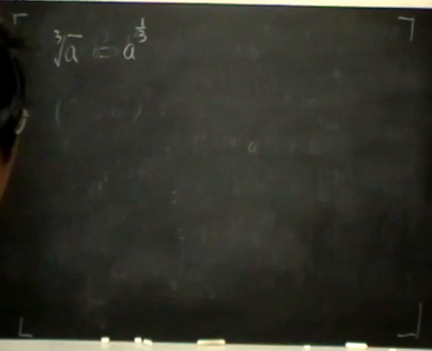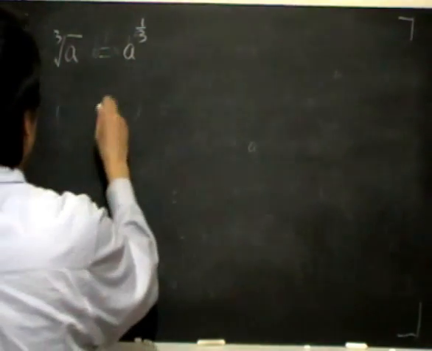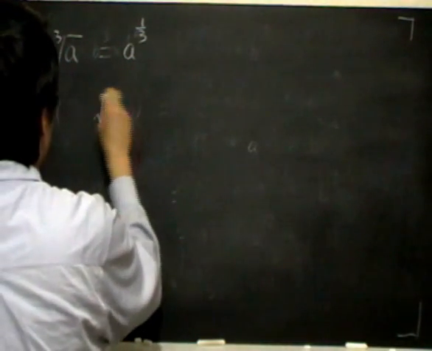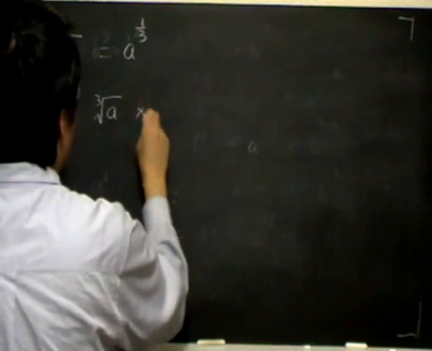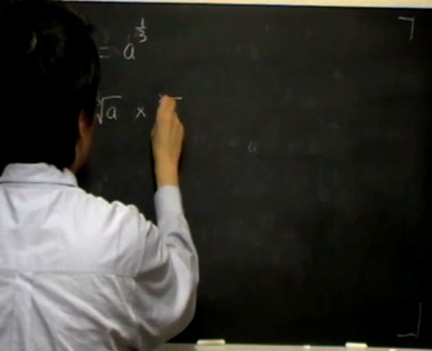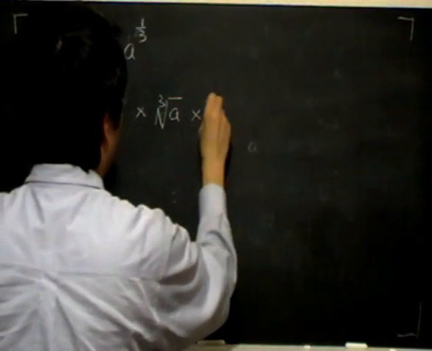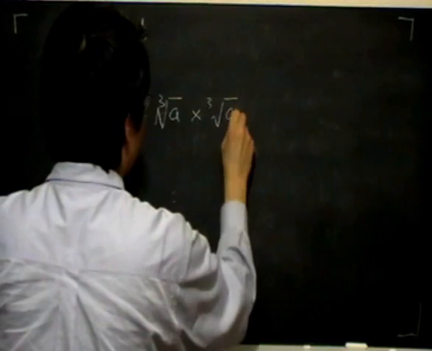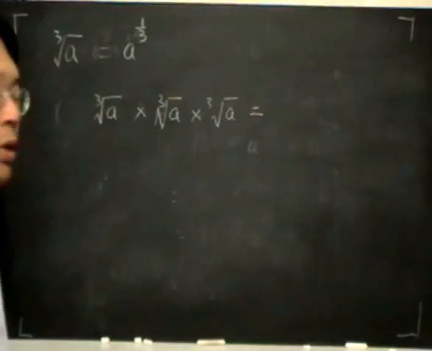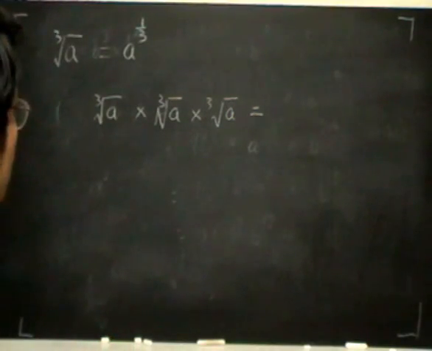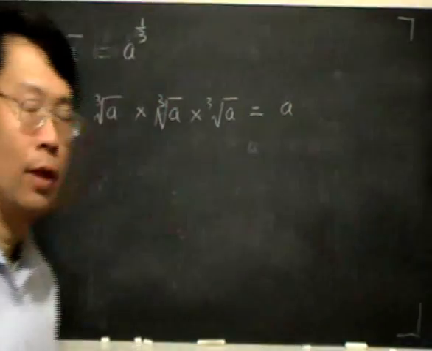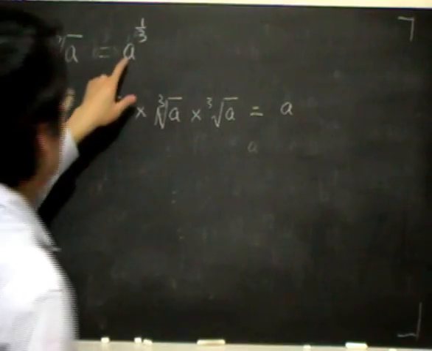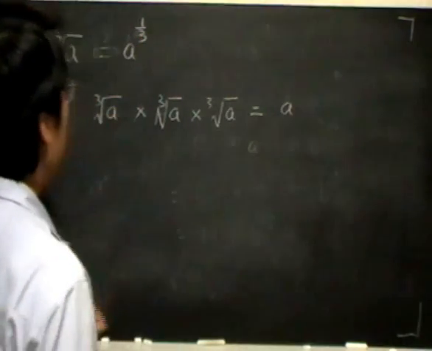Well, we know that the cube root of a means that if you multiply it by itself, and again, if you do the cube of this, you must get back a itself. So what if we do the cube of a to the power of 1/3?